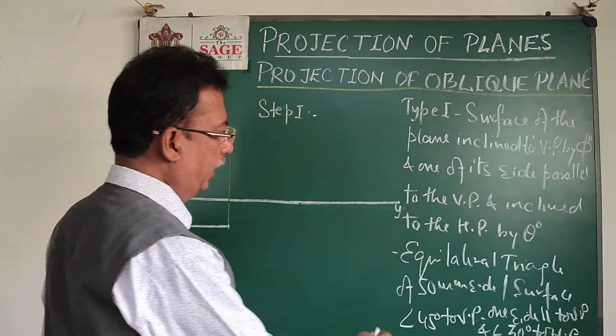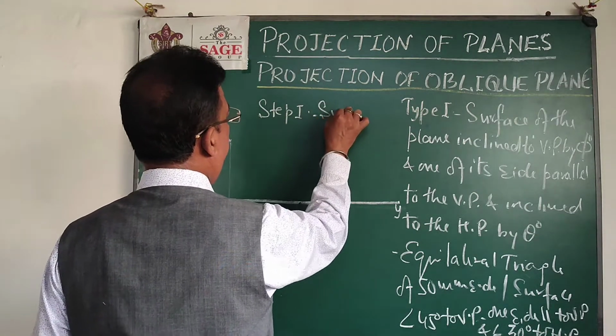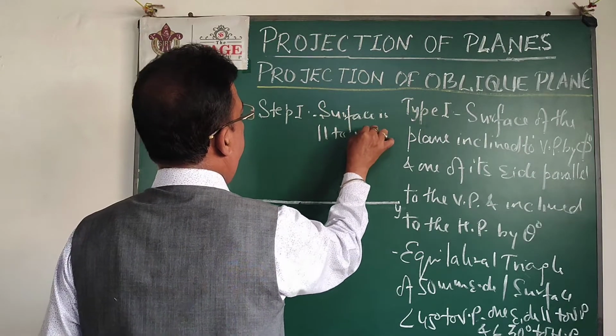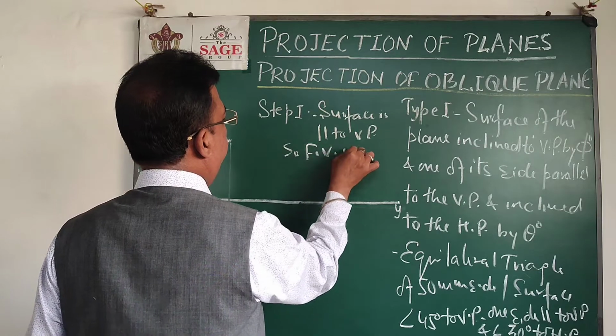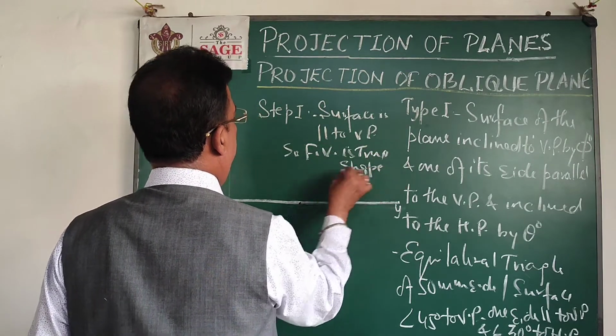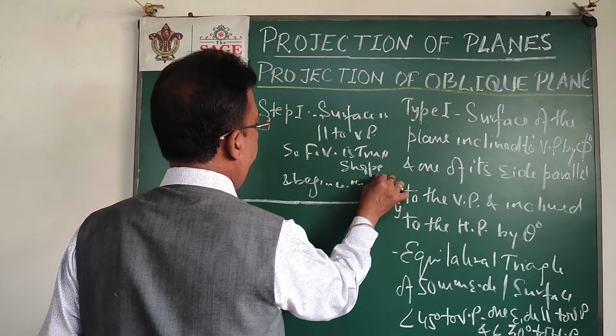Now as the surface will be inclined to VP, my step 1 will be: suppose the surface is parallel to VP, so the front view is the true shape, and begin with the front view.